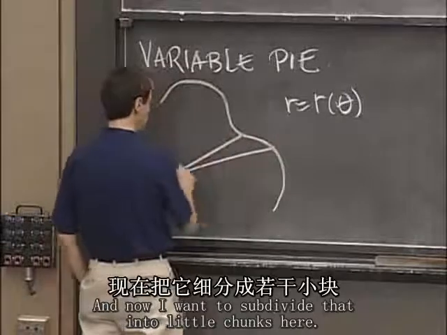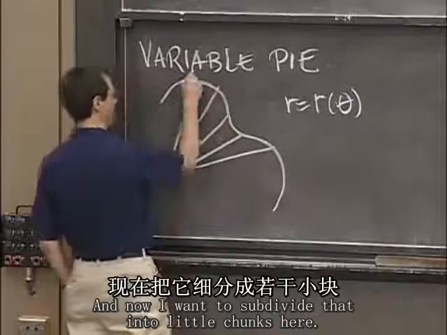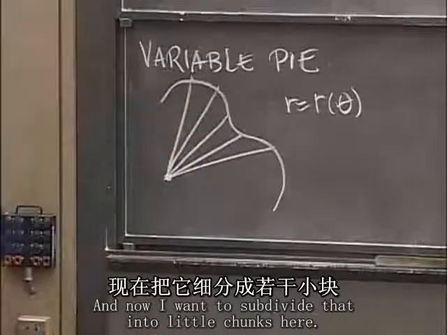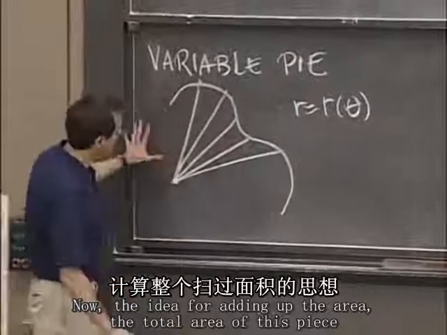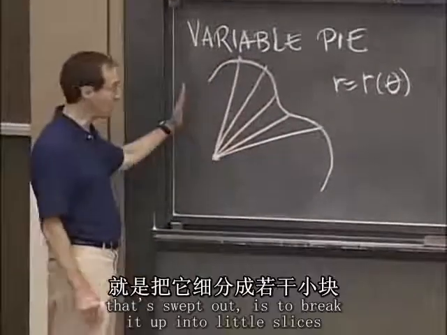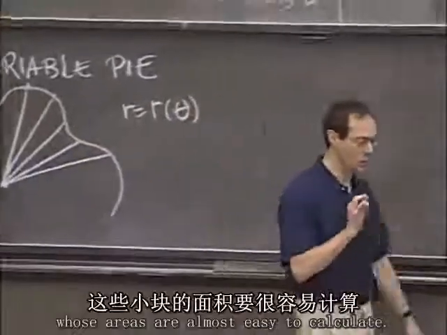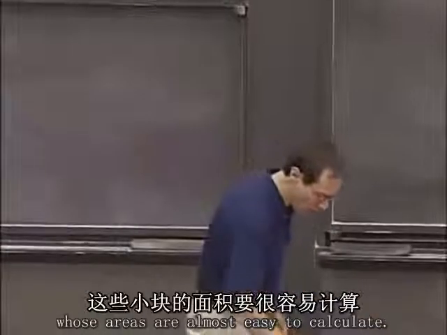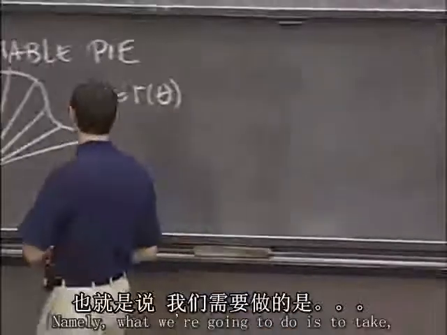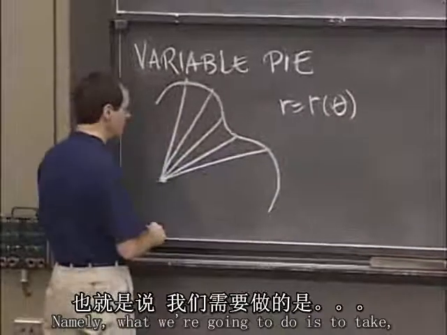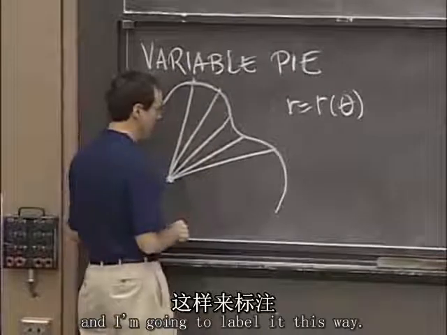And now I want to subdivide that into little chunks. Now the idea for adding up the total area of this piece that's swept out is to break it up into little slices whose areas are almost easy to calculate.